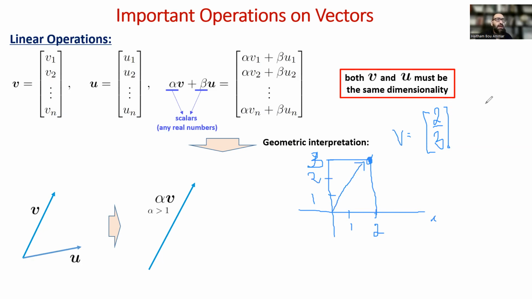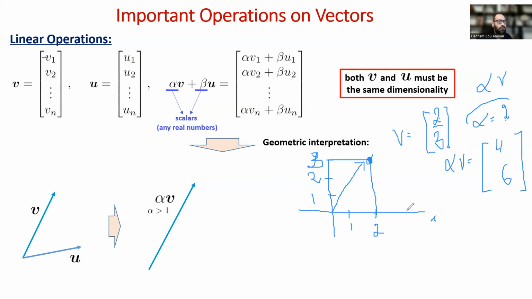Now, if you multiply by alpha v, where alpha is positive and bigger than 1, so let's say alpha was like 2, then how would we do alpha v? So alpha v would be 2 times 2, 4. Because as we said here, we're just going to take this alpha and multiply by v1. And then here I get 6, because it's 3 times 2.